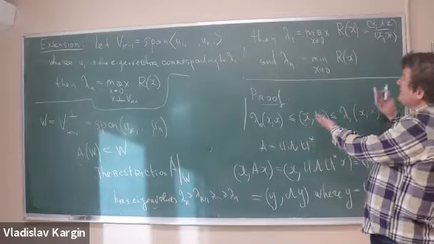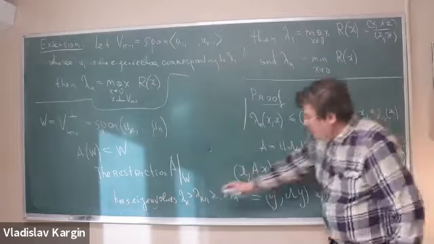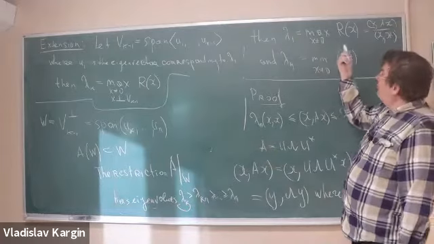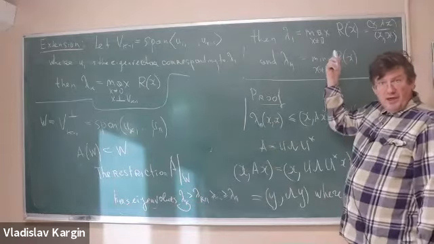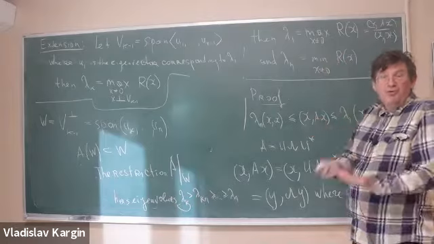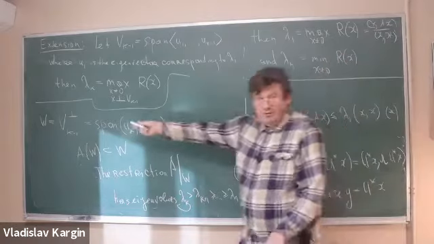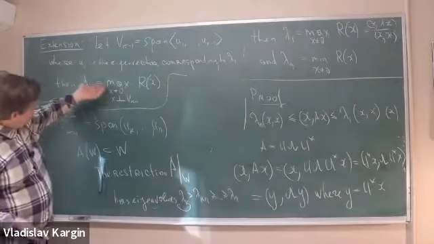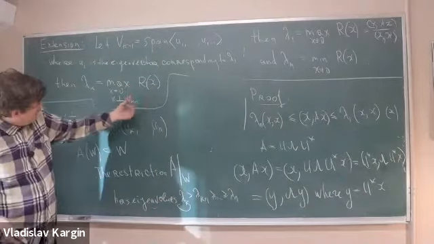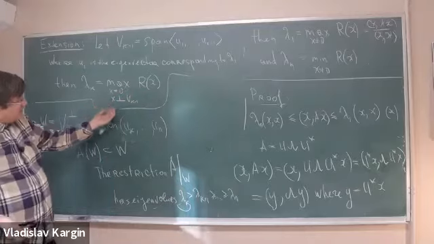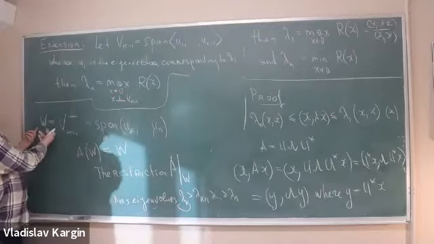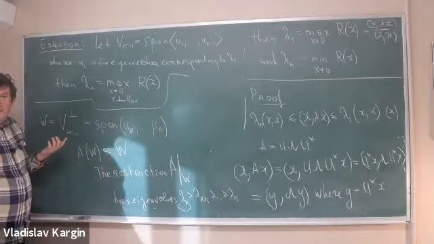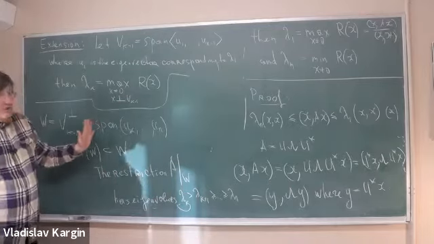After that, you go to the Rayleigh-Ritz theorem, which says that the largest of them, which is lambda k, will be equal to the maximum of the Rayleigh quotient on this subspace W. And this is exactly what we wanted to prove. So it's the maximum of the Rayleigh quotient where x belongs to W and is perpendicular to V_{k-1}.